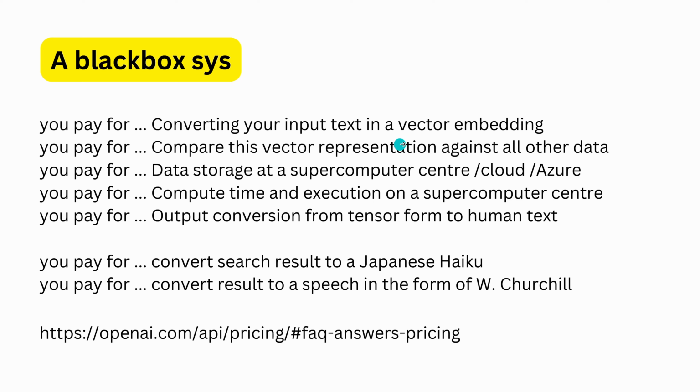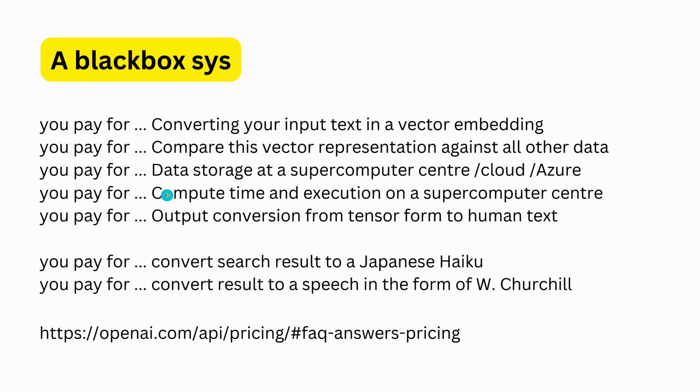It compares this vector representation, normally in the form of a tensor, against all other vector representations it has stored in the last training run of the system. Those huge data of all the digital internet, or the main part of the internet, have data storage somewhere at the supercomputer center, either in the cloud or Azure or wherever. So you have to pay for data storage.